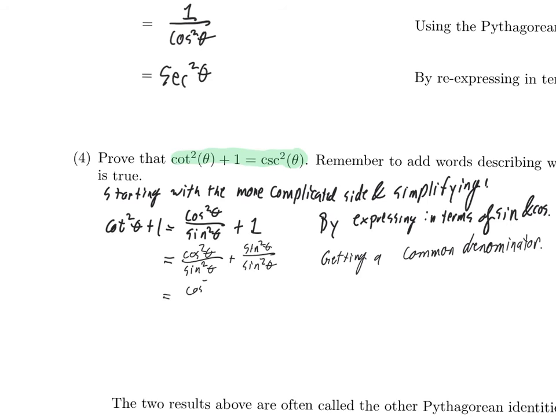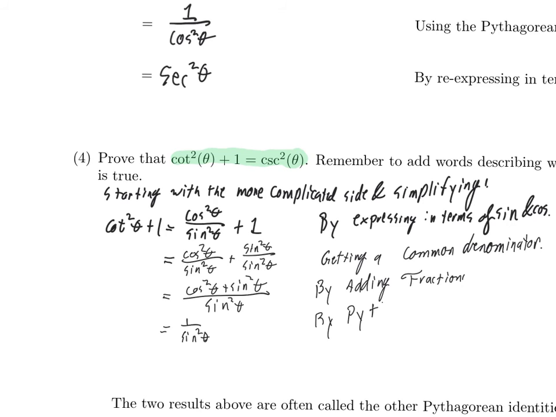Equals cosine squared theta plus sine squared theta all over sine squared theta by adding fractions. Equals 1 over sine squared theta by Pythagoras' identity.